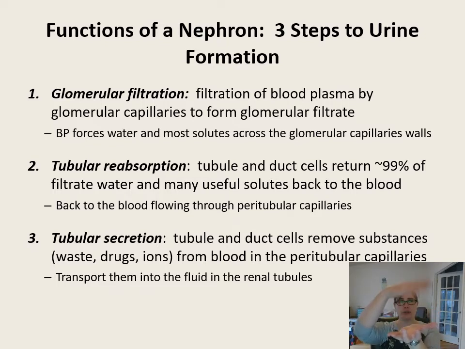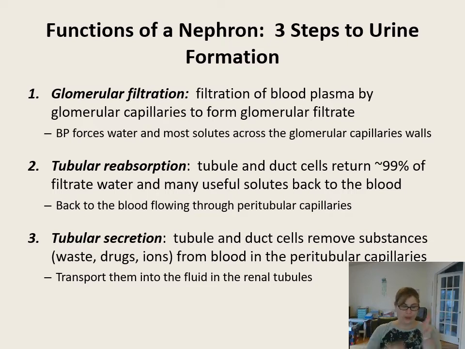So if you can picture the glomerulus being this coffee filter, the filtrate, the little stuff that is dissolved in water, moves down and enters into the rest of the nephron. And then the coffee grounds, we would throw them away, but your kidney doesn't throw them away right away.